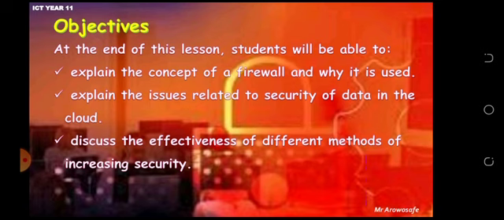Number 2, students will be able to explain the issues related to security of data in the cloud. Number 3, students will be able to discuss the effectiveness of different methods of increasing security. So these are the 3 objectives expected to be achieved at the end of today's lesson.